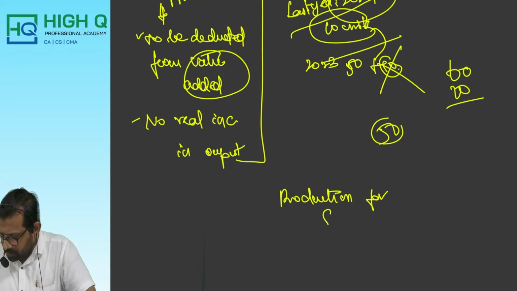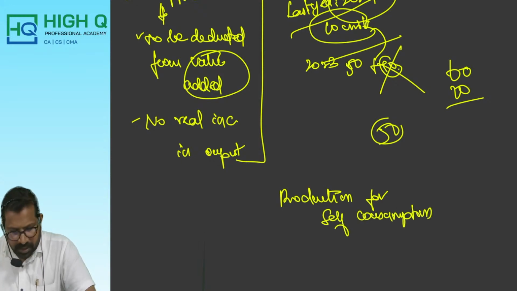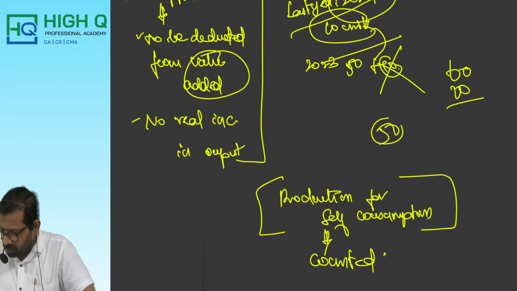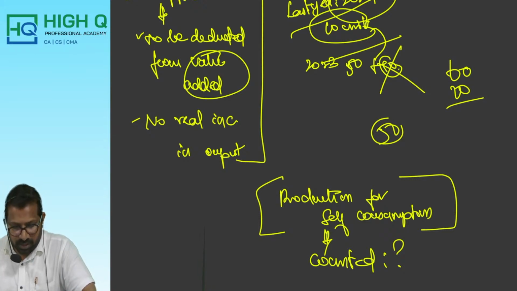Production for self-consumption. Even production for self-consumption is also counted. Sir, why is production for self-consumption also counted? Why is it required to be counted under the product method to measure the concept of national income?